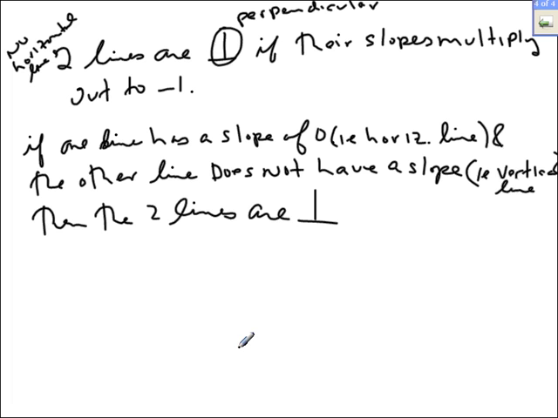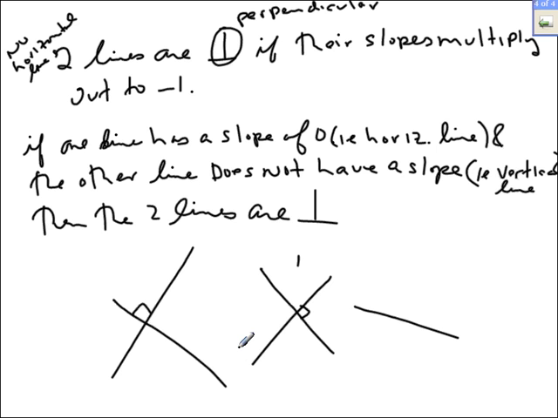Now, what is perpendicular? You have one line, and you have another line, and they meet at a right angle. Those are perpendicular lines. If you have this line and that line, they meet at a right angle, they're perpendicular.